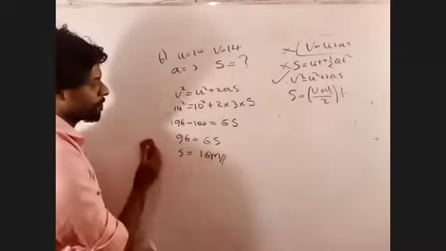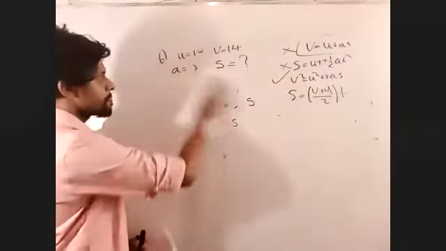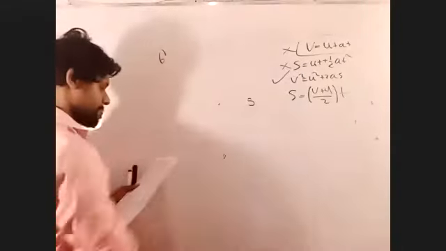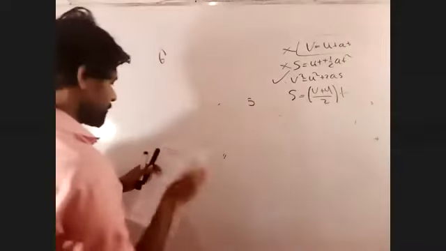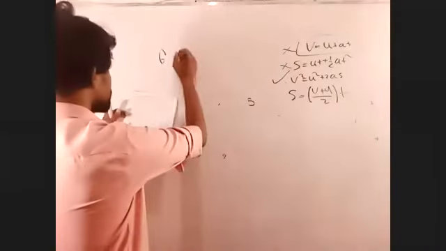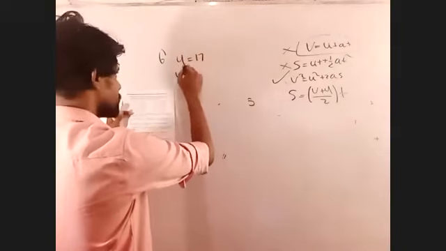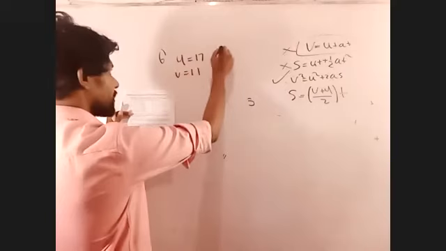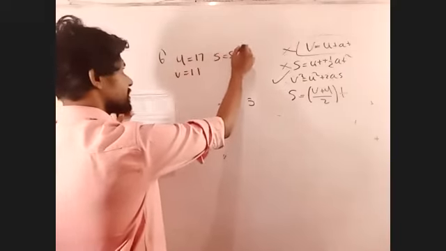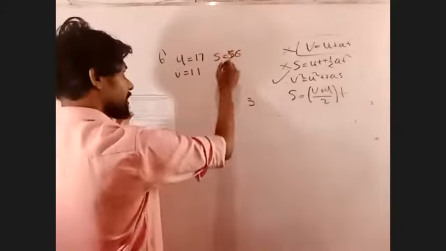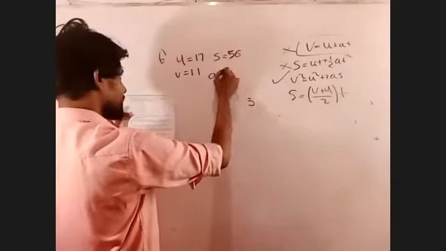See, let me write the first one. u is equal to 17 and v is equal to 11, s equals 56, and it asks you to find out the acceleration.